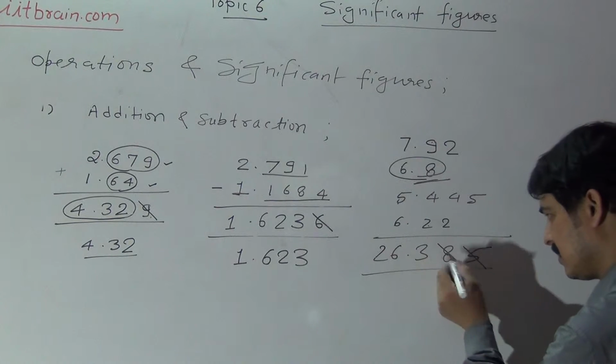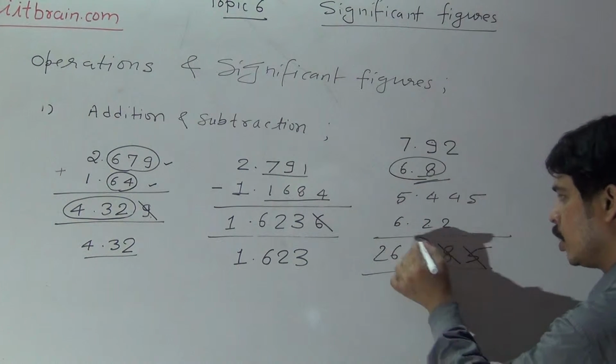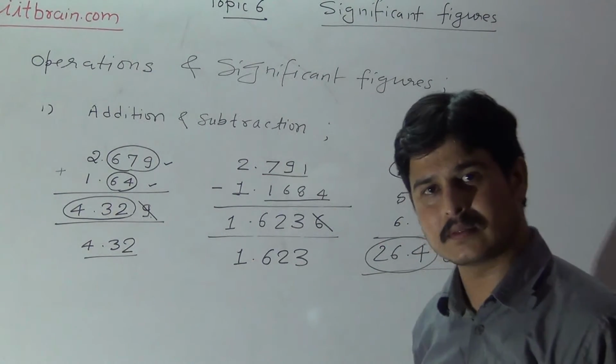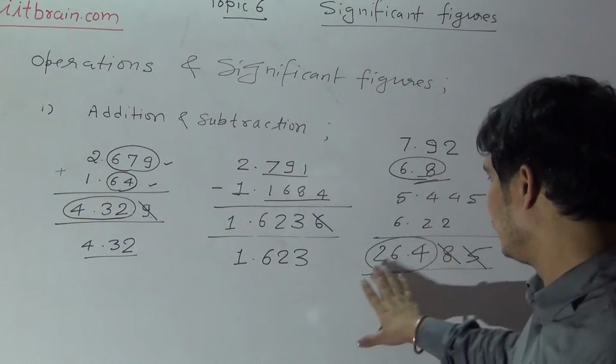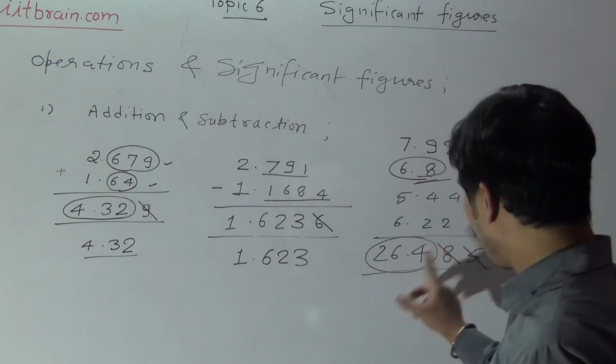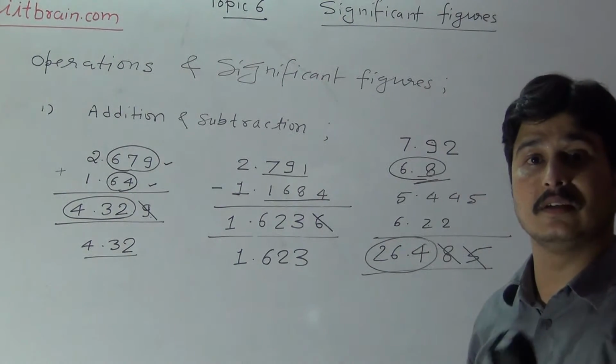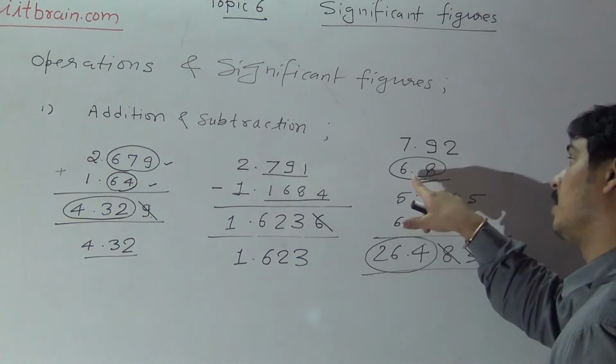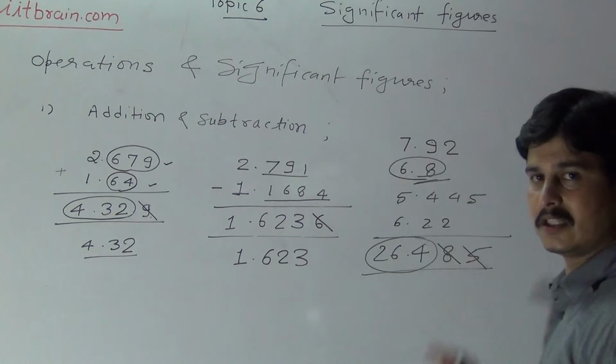Cancel this 5, cancel this 8 and make this 3 as 4. 26.4 will be the answer. So if you add all these 4 numbers, then 26.4 will be the answer, and only up to 1 place after decimal will be considered significant because the numbers given contain a minimum of 1 place after decimal out of these 4.